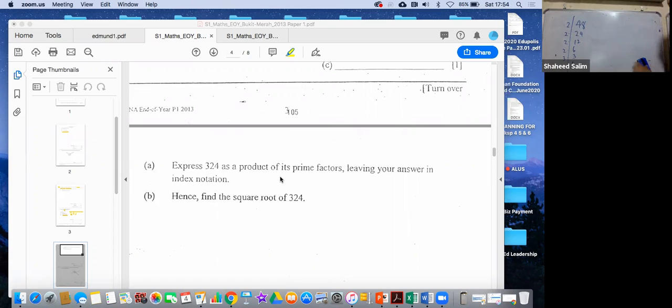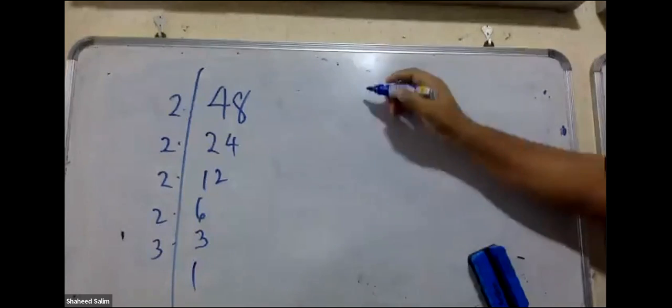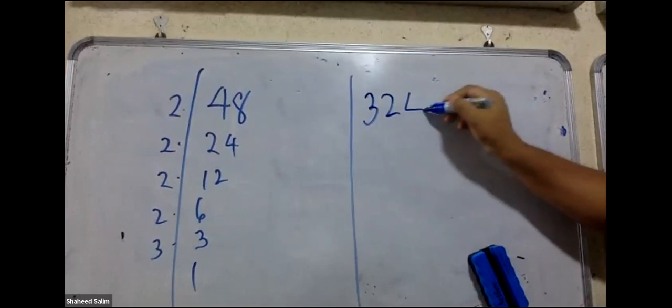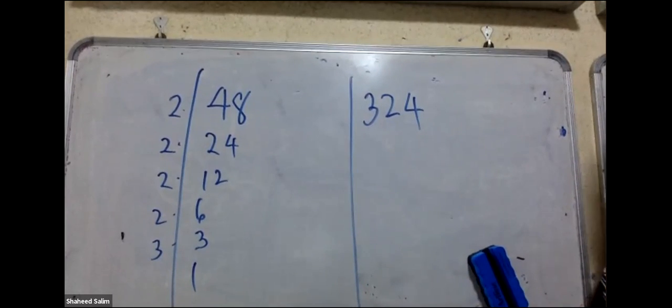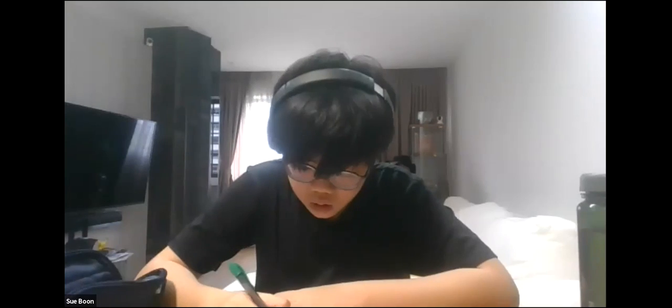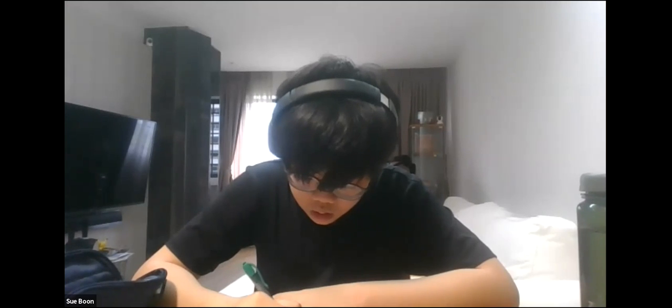You write 324 like that, and then you start dividing until you cannot divide. 2 squared times 3 to the power of 3. 2 squared times 3 to the power of 4.